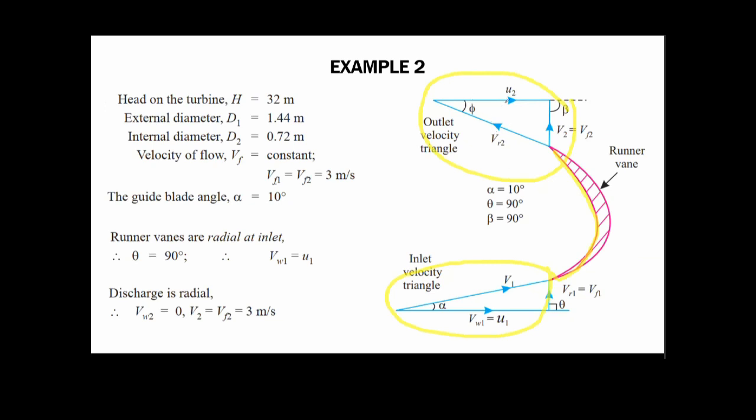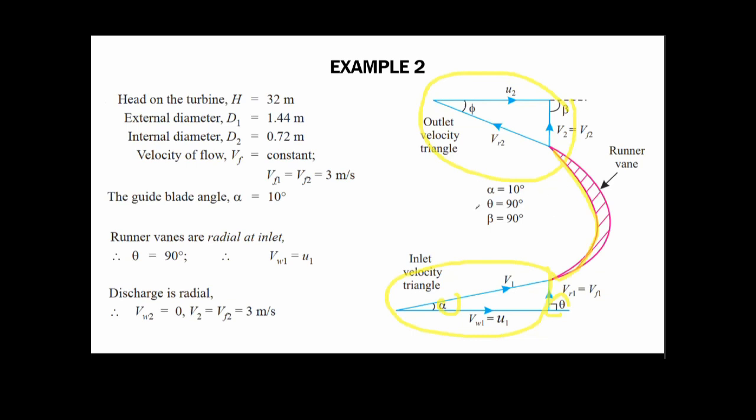If you don't write down where is alpha, for example, where is theta, where is beta, when you use that term in your answer, then I don't know which. For example, you write cosine alpha, but I don't know which angle alpha is referring to. So make sure you sketch the velocity triangles properly before you solve problems regarding turbines.